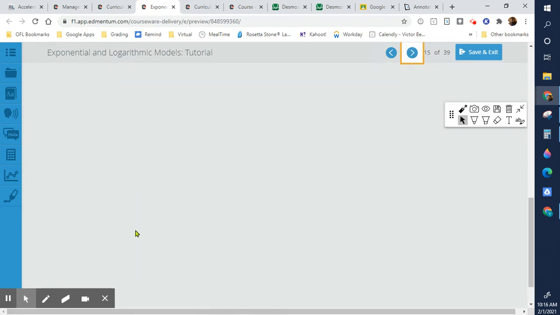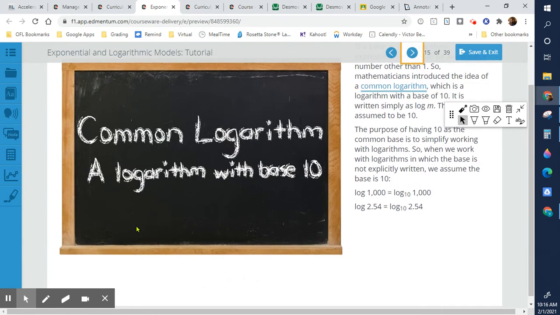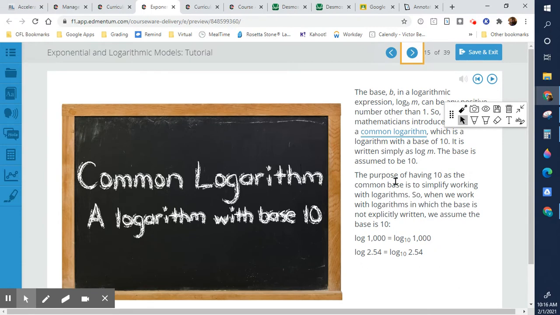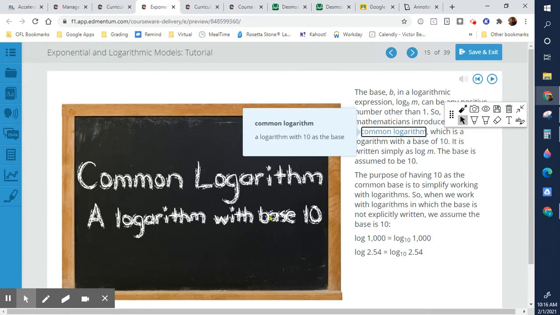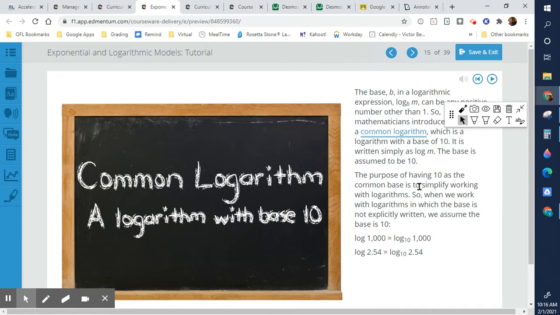So here we're going to write about common logarithm. The common logarithm is base 10. That's what we're always talking about. When we're talking about the common log, we're talking about log base 10. That's what I briefed on earlier in the first video, that anytime you see a log with no base, we're talking about base 10.